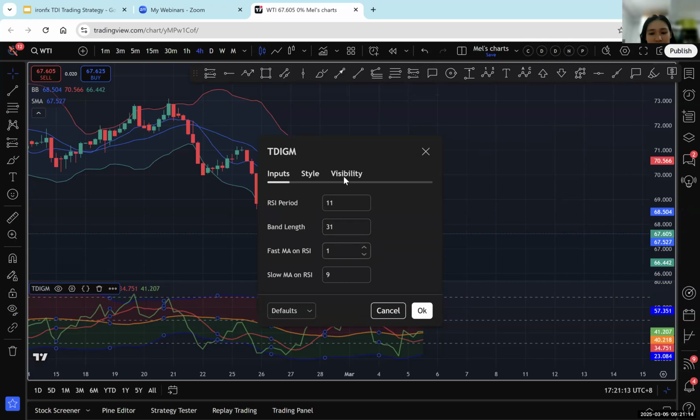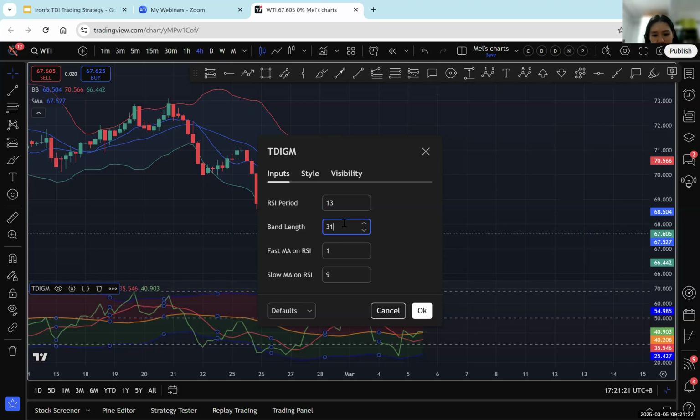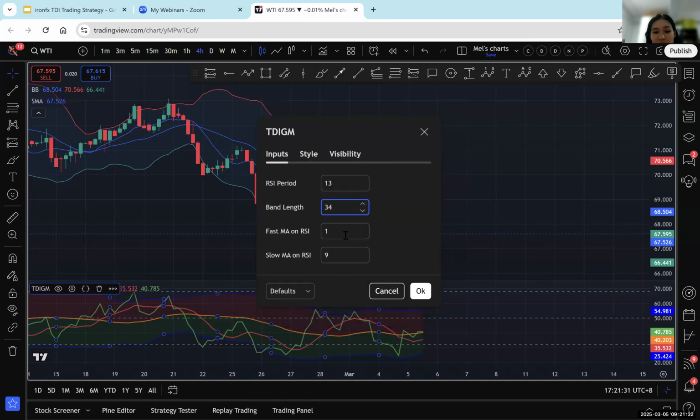I like to just keep it to the default actually, but you can change it as well. 13, 34. This is more popular for Forex setups. It's different for swing trading and trend confirmation, so you'll have to probably check on that.